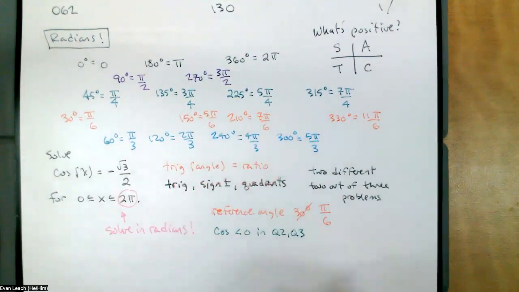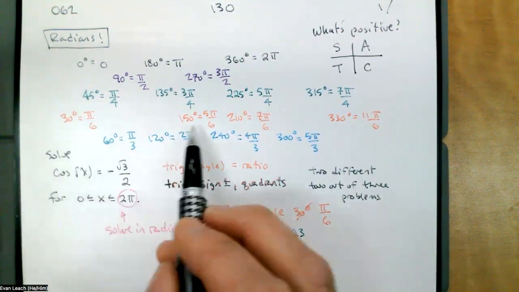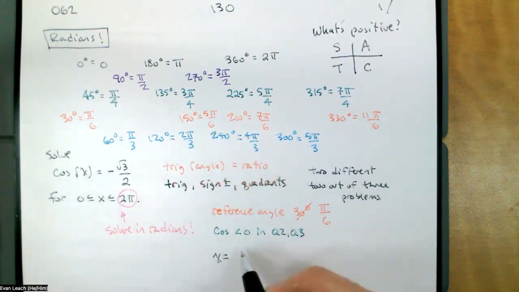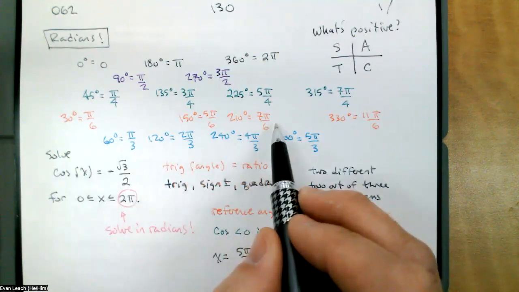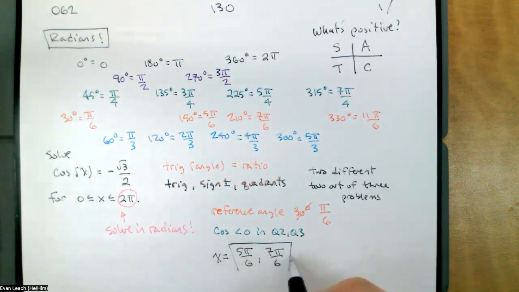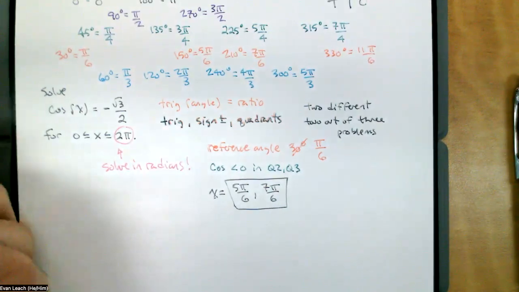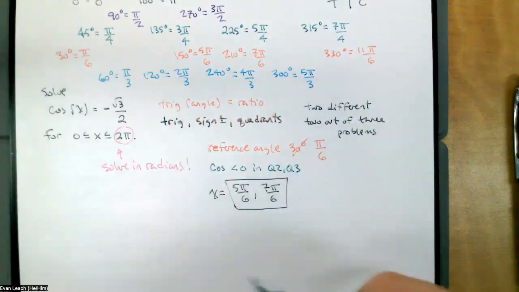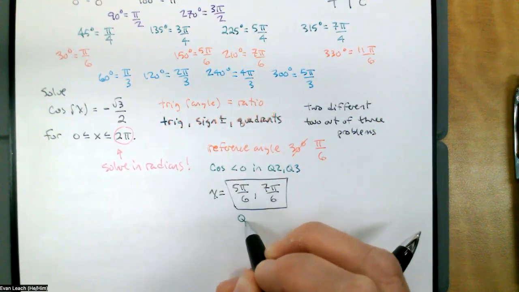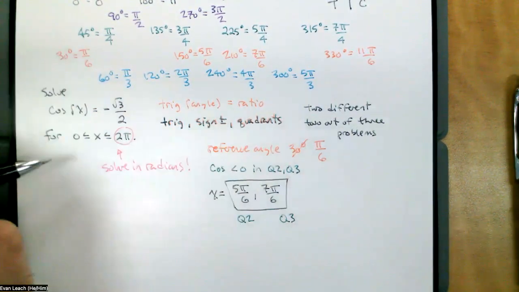So x equals pi over 6 in quadrant 2 is 150 or 5 pi over 6. Pi over 6 in quadrant 3 is 210 or 7 pi over 6. So the 5 pi over 6 is pi over 6 in quadrant 2. 7 pi over 6 is pi over 6 in quadrant 3.